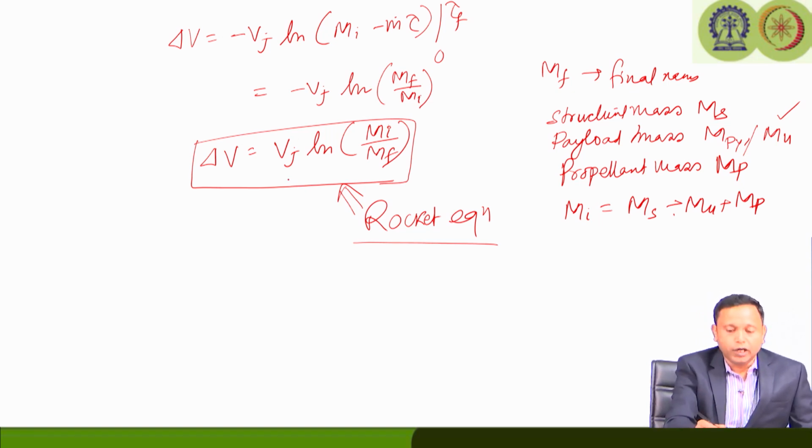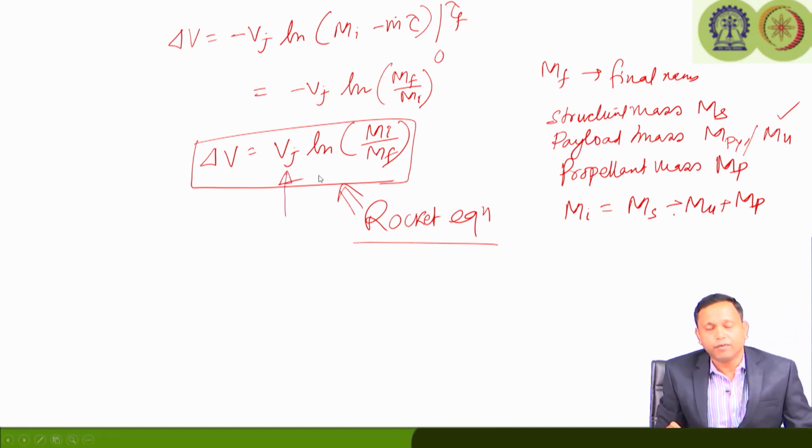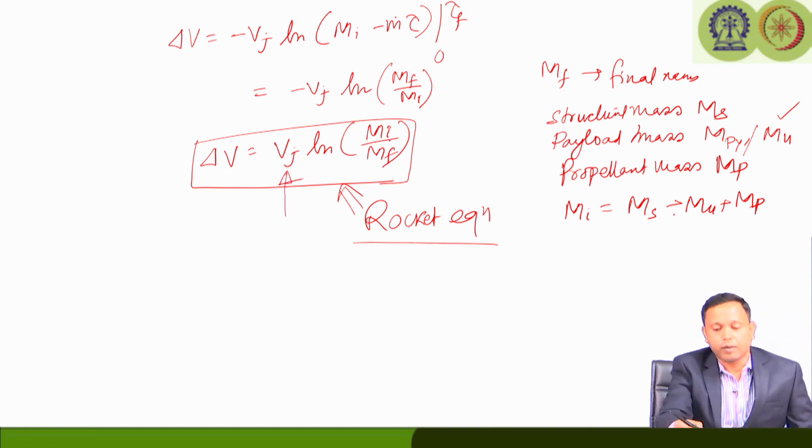Now, we can understand that in order to increase the incremental velocity, the jet velocity or the efflux velocity has to be higher, whereas mi by mf also has to be higher.